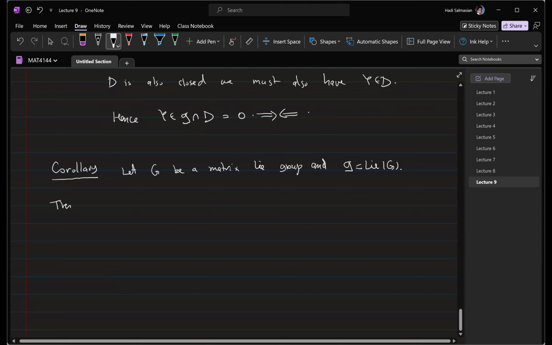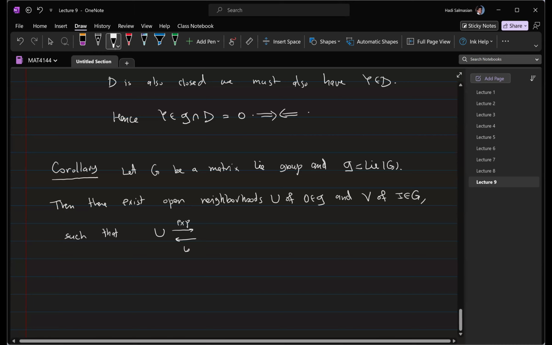Then there exist open neighborhoods, U of 0 in the Lie algebra and V of the identity in capital G, such that the exponential map and the log are bijections, and indeed homeomorphisms or diffeomorphisms.